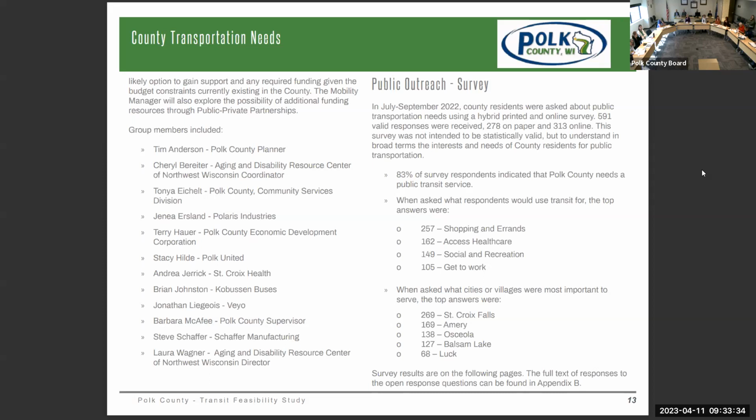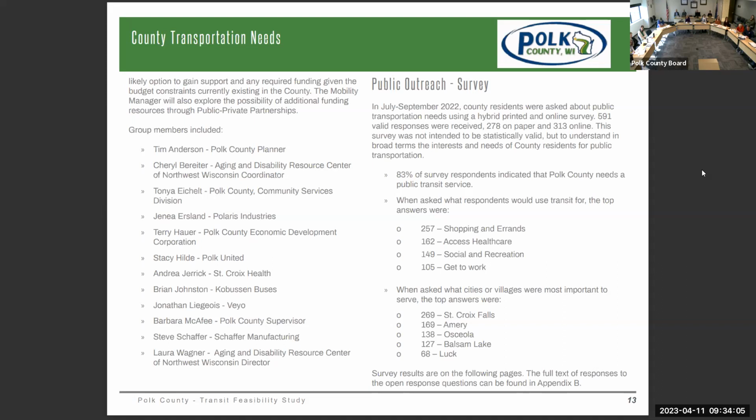When we asked them what they'd use transportation for, it was shopping, healthcare, social and recreation, and then getting to work was down near the bottom. People with jobs tend to be more able to get themselves around. They can afford vehicles a lot of times. So it wasn't too surprising to see that. One thing you do see though, if you do implement transportation solutions, is that there are people that can start working that couldn't have worked before.